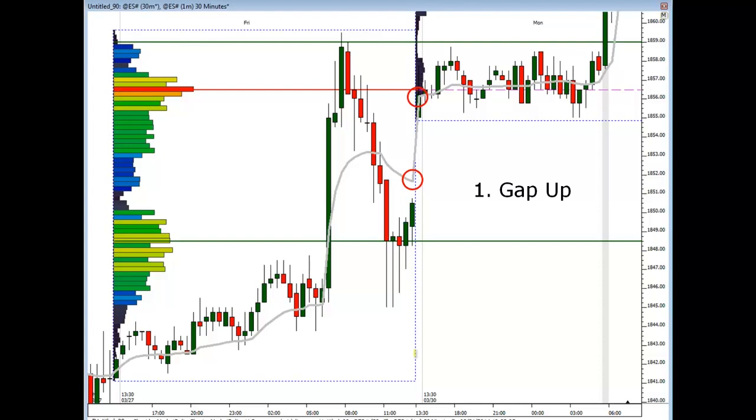Now we are going to look at the VWAP and its relationship from one day to the next. In this case, we have a gap up. So when we closed on Friday, this was where the VWAP was. When we opened on Monday, the VWAP gapped up.